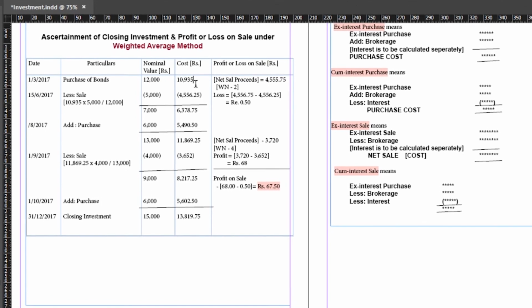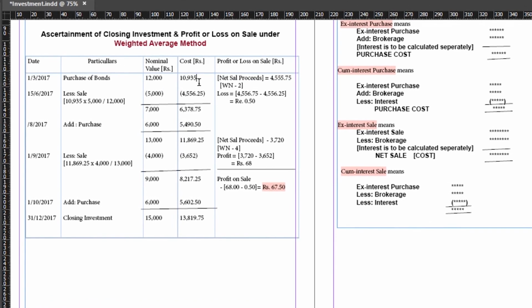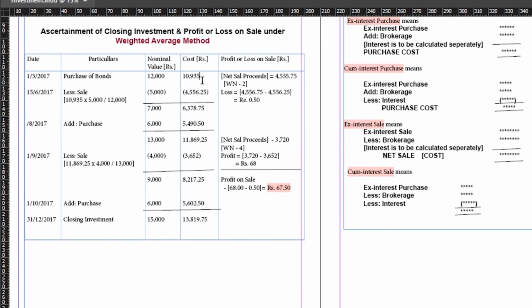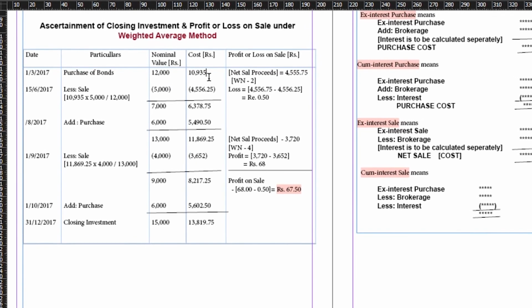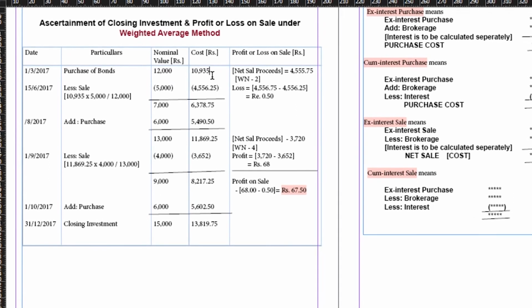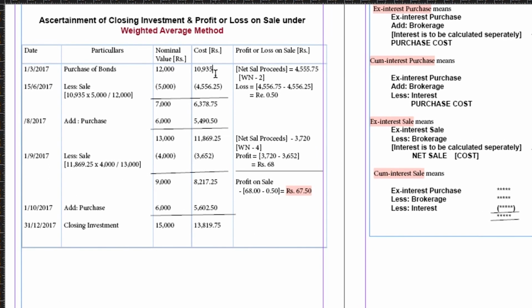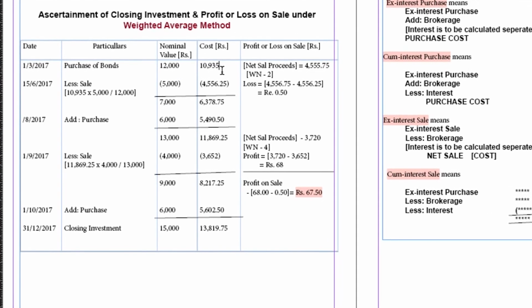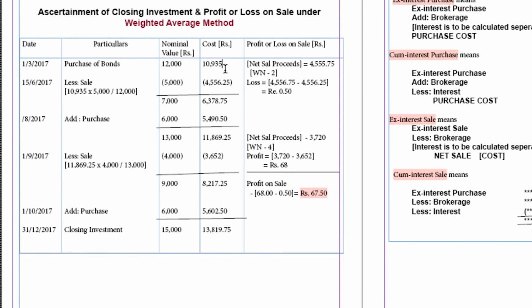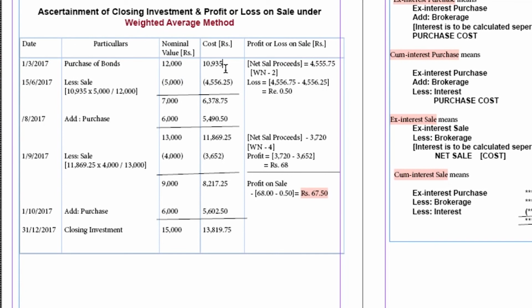That means just you add that amount. Next, 1/9/2017, we are selling for rupees 4,000. Therefore, we have to deduct rupees 4,000, and the sale price of rupees 4,000 bond was 3720.